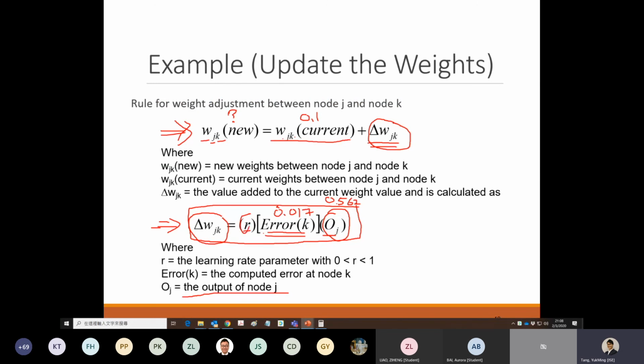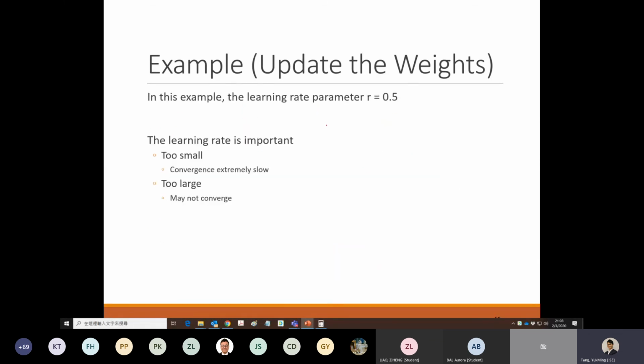What is R? R means the learning rate parameter. The learning rate parameter will be between 0 and 1. You can set the learning rate equal to 0.1, 0.2, 0.3, or 0.4. Usually, we use a learning rate R equal to 0.5. If the learning rate is too small, it will converge to a correct solution very, very slowly.